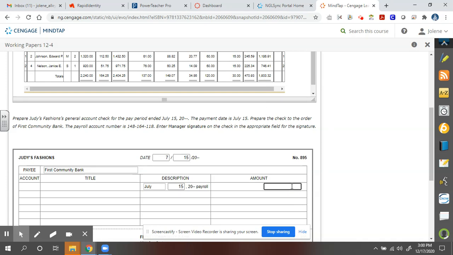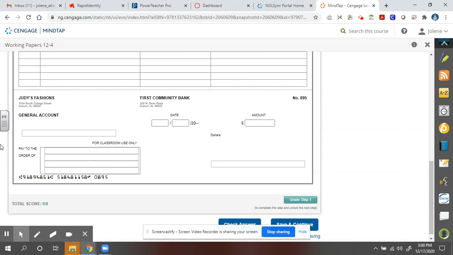So we have to put that here. That's how much she needs to move from her general account to the payroll account.